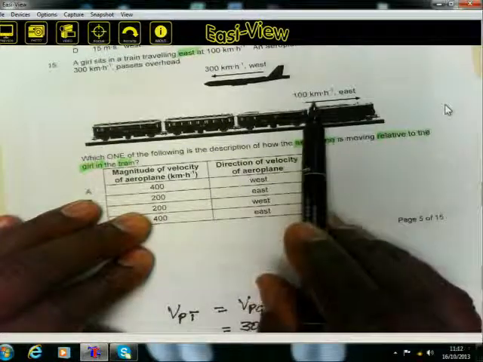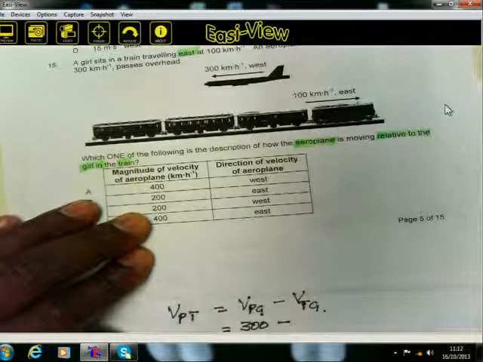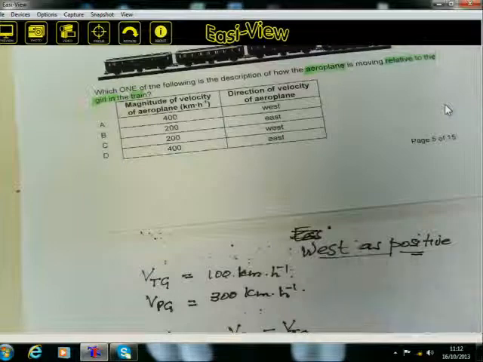It's 100 kilometers per hour. Note that the train is moving in the direction east, but our choice of direction is that west is positive, so the train is moving in the direction east, which will therefore be negative.